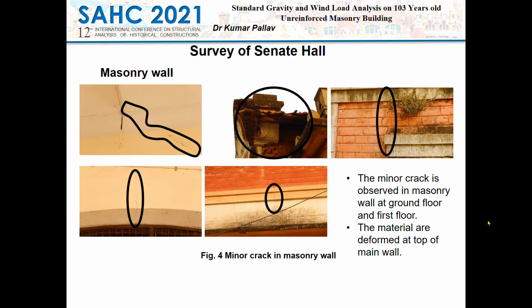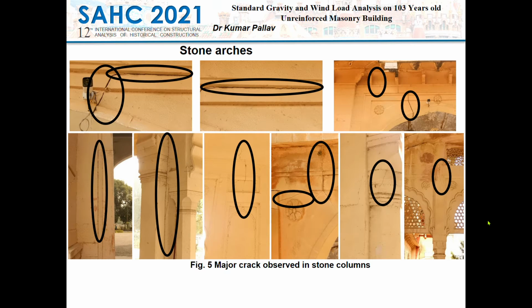Further, you can see various cracks. During the survey we observed minor cracks in these structures. This is another slide which shows various parts where the cracks have been seen.